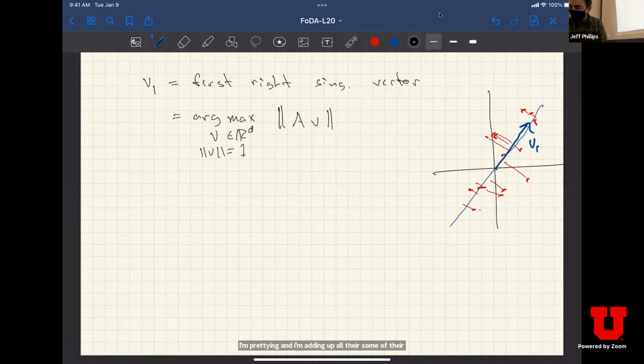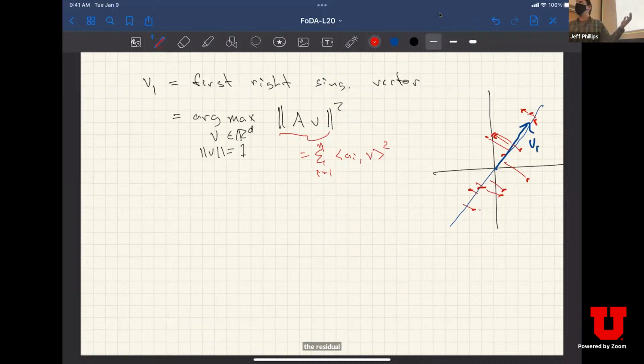If I just put a square here, this is equivalent to the sum from i equals 1 to n of the dot product of a_i and V, squared. So I'm projecting onto that direction through V, and taking the length along V, not the residual, and squaring that. I want to maximize that quantity.